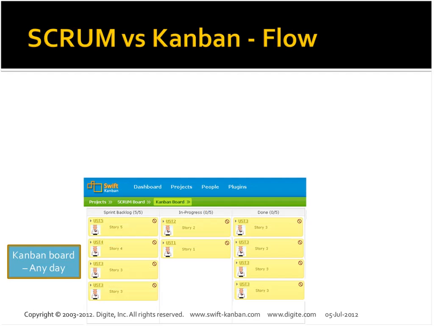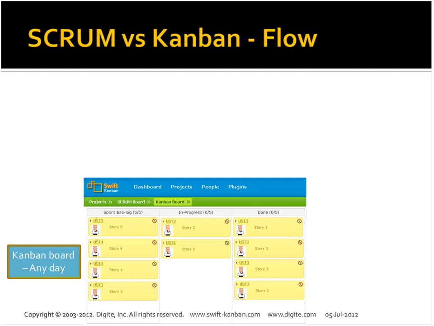So it may be that you have a limit, say there are 15 cards you would do, but those cards might change, and on any day once you're done, the product owner or the customer is also free to start piling up the next sprint backlog right there. Why does he need to wait till a particular day to be able to prioritize what has to come up in the next sprint?